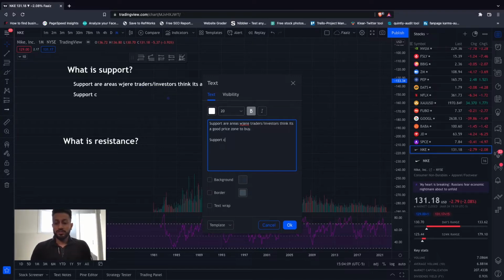Support is also known as demand zone. Why? Because the demand in those price zones is higher than the supply.